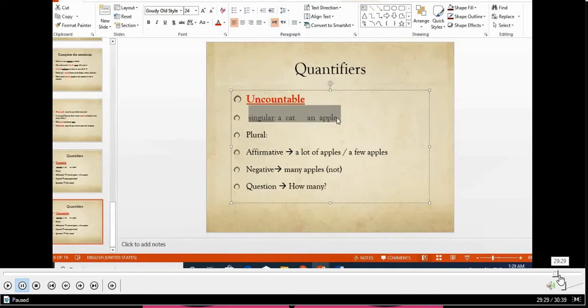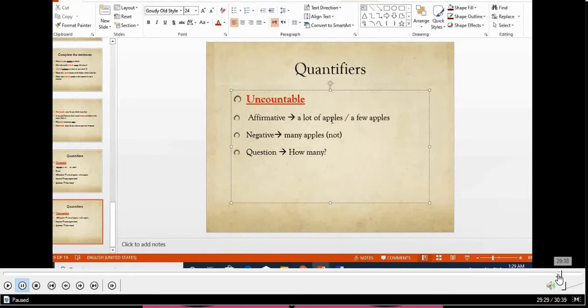Uncountable. They are singular, okay, but we cannot make them plural. If my sentence is affirmative with an uncountable noun, I add a lot of if I have a big amount, and I add a little if I have a small amount.